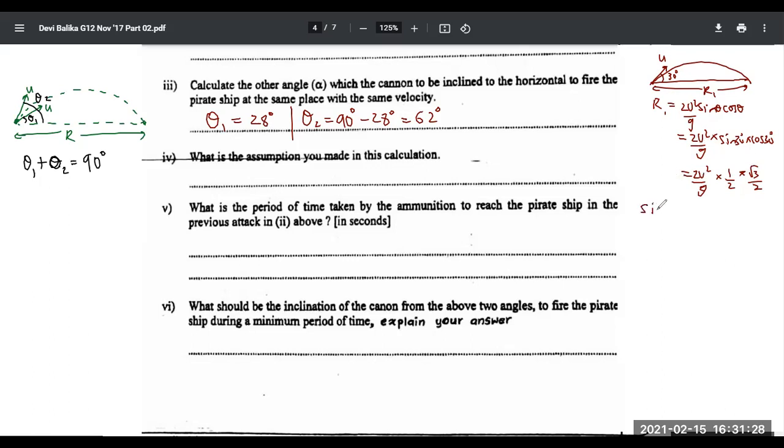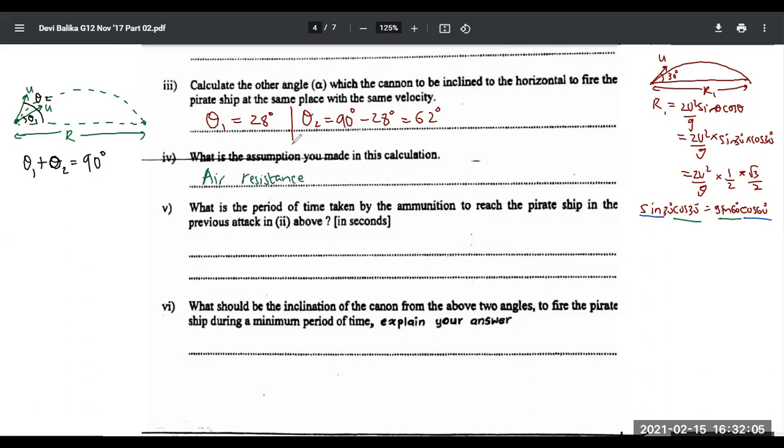What I'm trying to say is sine 30 cos 30 should be equal to sine 60 cos 60, because these two are equal in magnitude and these two are equal in magnitude. That's how this happens. So this can happen if theta 1 and theta 2 are complementary angles, right? Next part, what is the assumption you made in this calculation? Obviously air resistance is ignored.